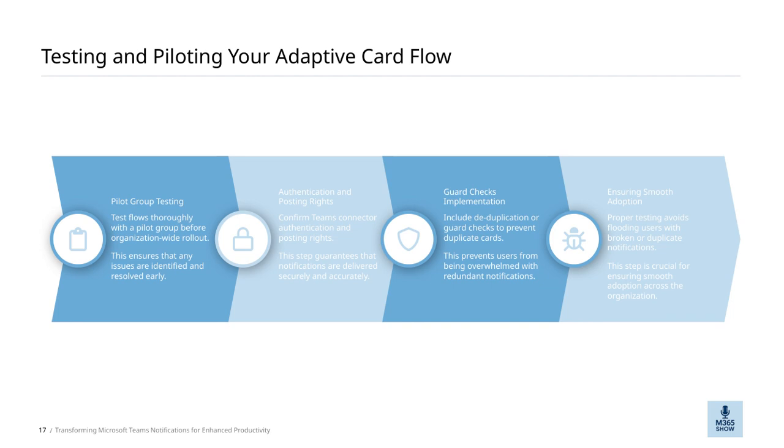This allows you to catch any issues early, make adjustments, and ensure everything works smoothly in a real-world setting. In summary, thorough testing, guard checks, proper authentication, and pilot testing are all vital steps to make sure your adaptive card notifications are effective, secure, and well-received.